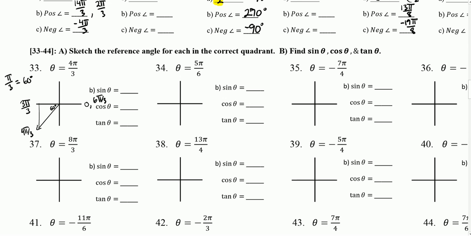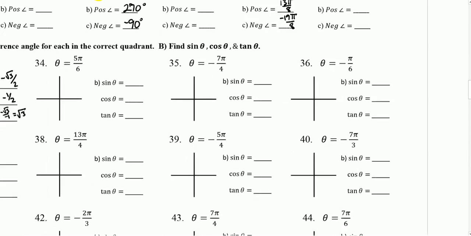I'm going to make this negative 1, negative root 3, and 2. And so the sine of theta, opposite over hypotenuse, is negative root 3 over 2. Cosine, negative 1 over 2. And the tangent is negative root 3 over negative 1, which is positive root 3.